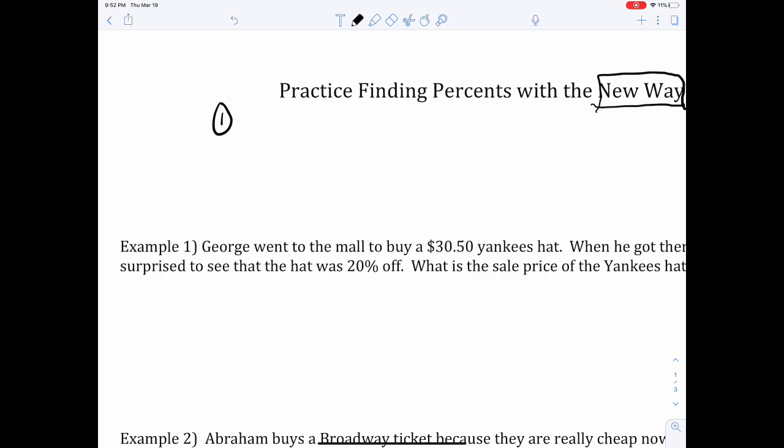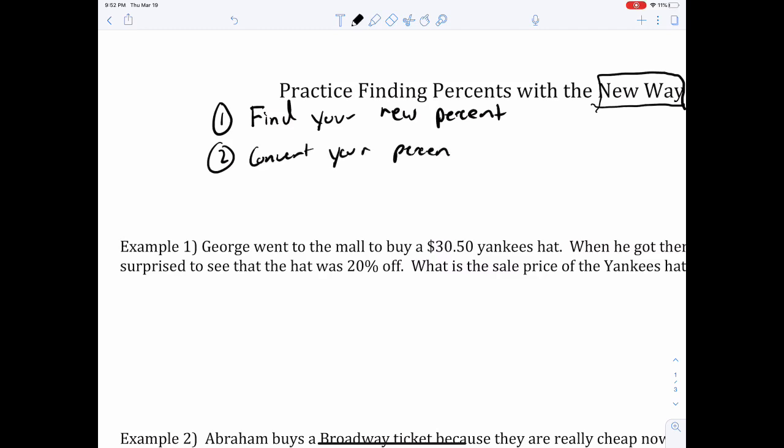So the steps for doing it the new way is you're going to find your new percent. Step 2 is going to be to convert your percent to a decimal. How? Divide by 100.